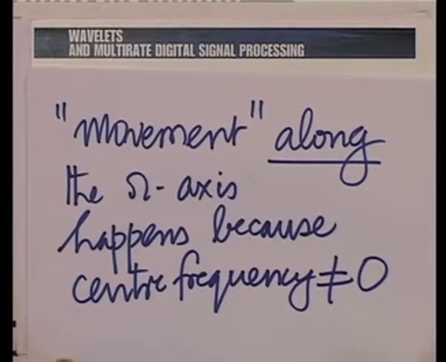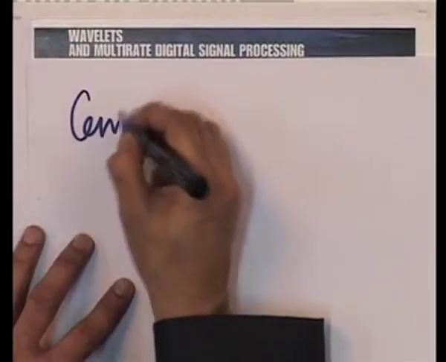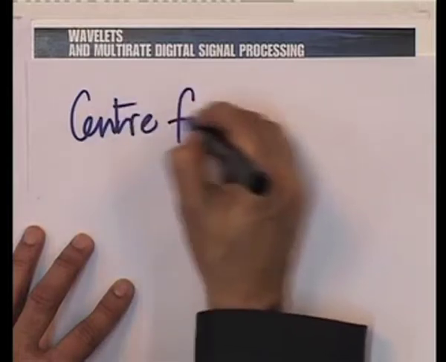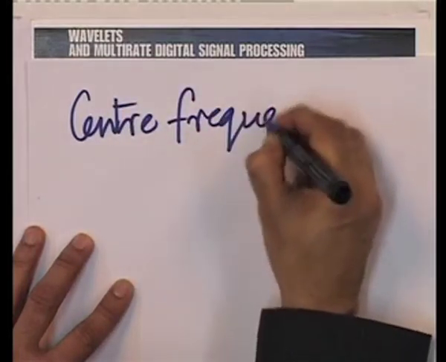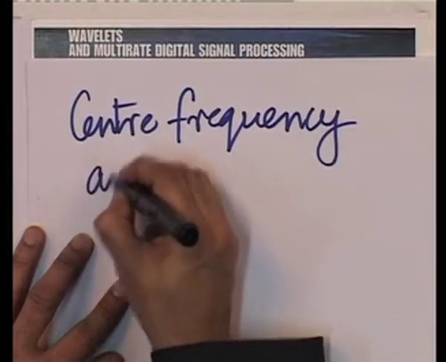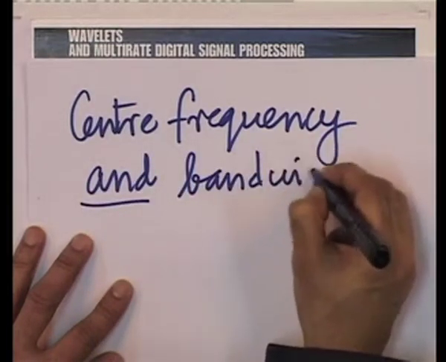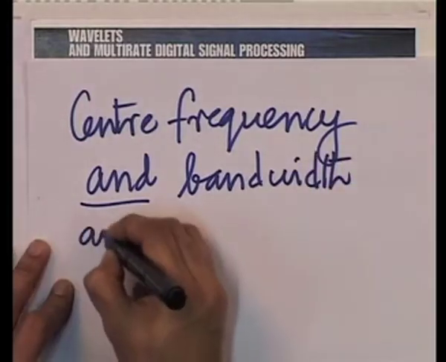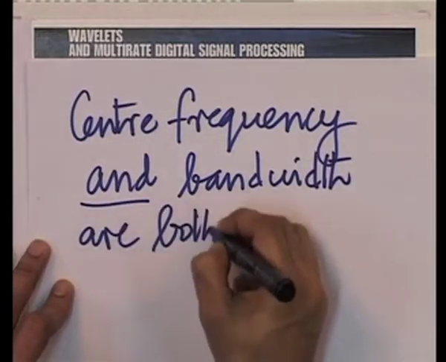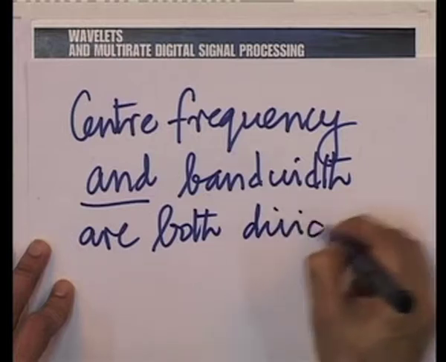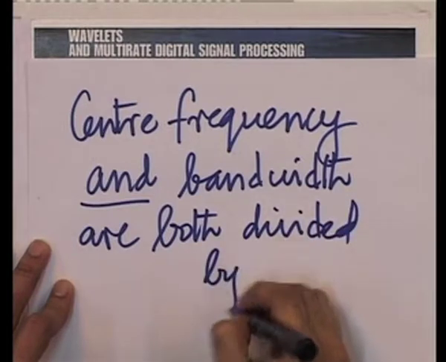And the other observation that we have is that the center frequency and bandwidth are both divided by S naught.